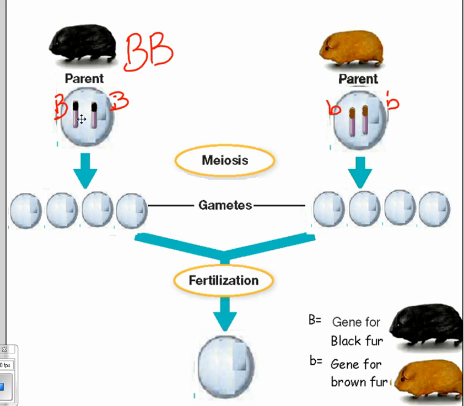When we cross these, what happens to our chromosomes in interphase? Right, they replicate. Then, once they go through meiosis 1 and meiosis 2, what do we end up with? Four haploid cells. Four gametes.